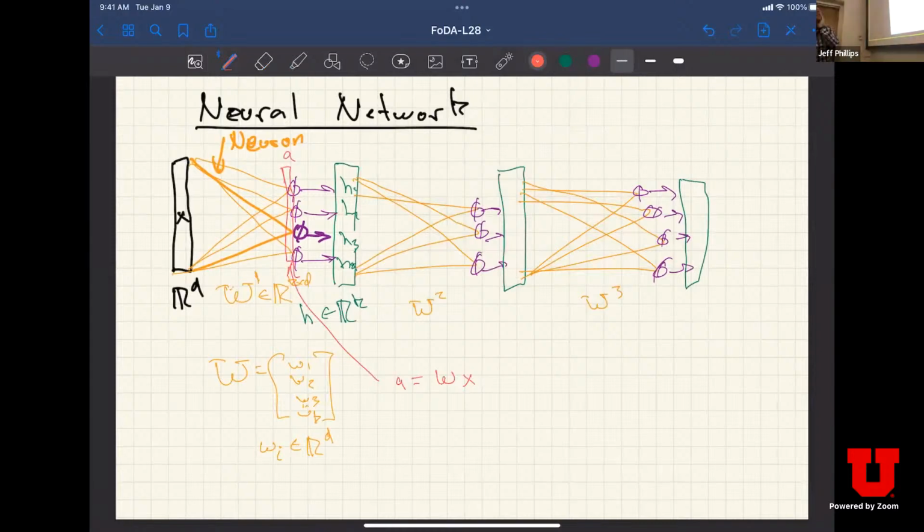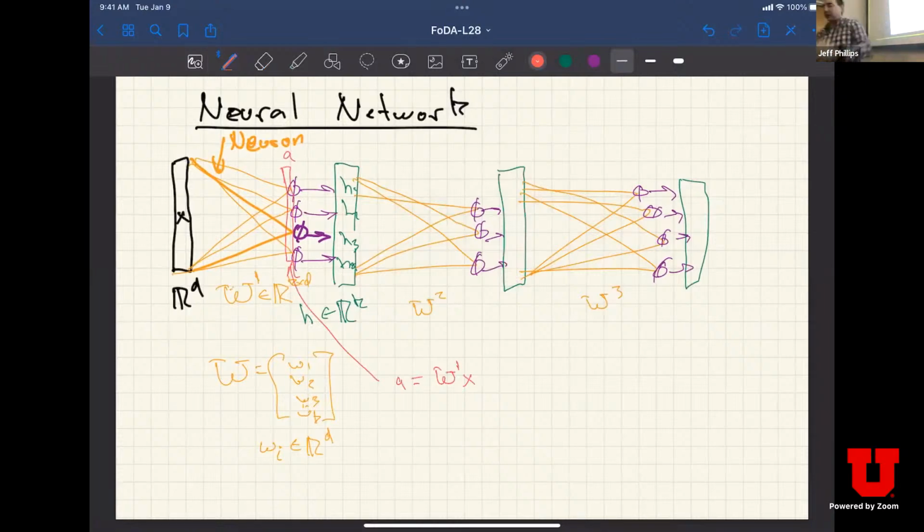I can encode all the dot products as a matrix multiplication. So A is then in R^K, right? But it hasn't been through the activation function.